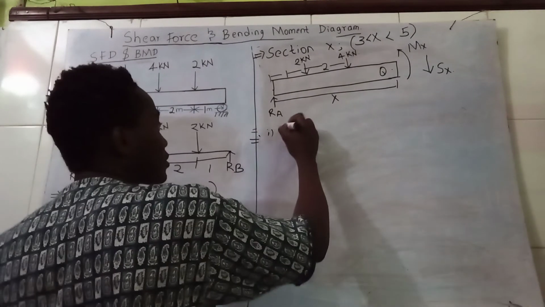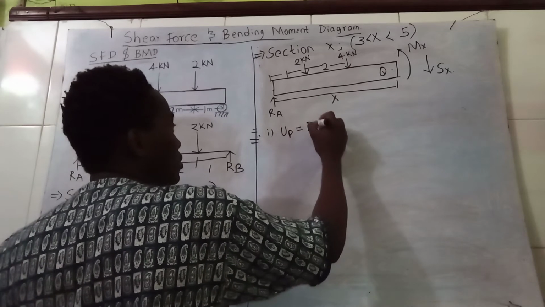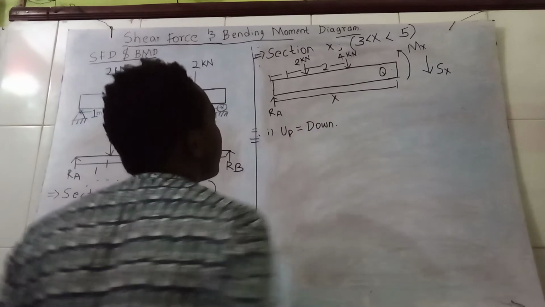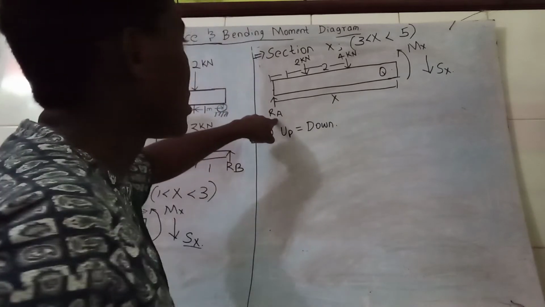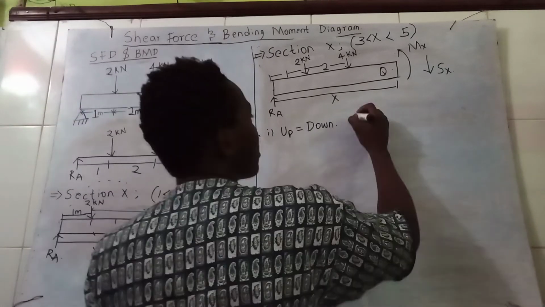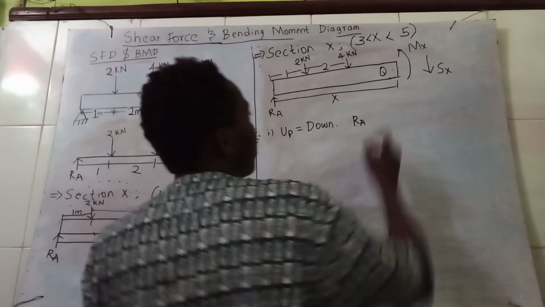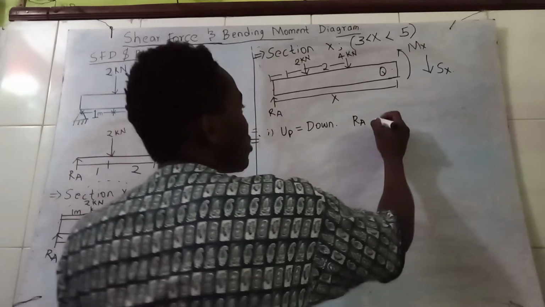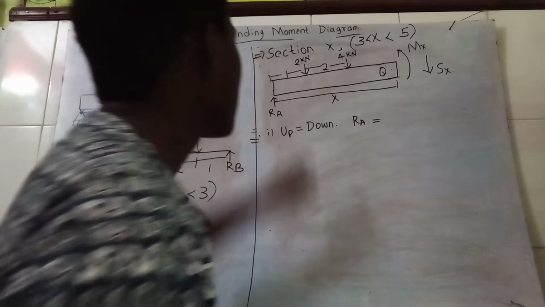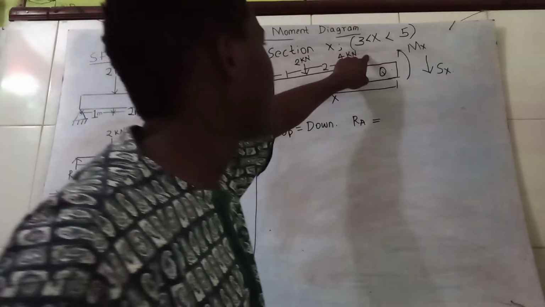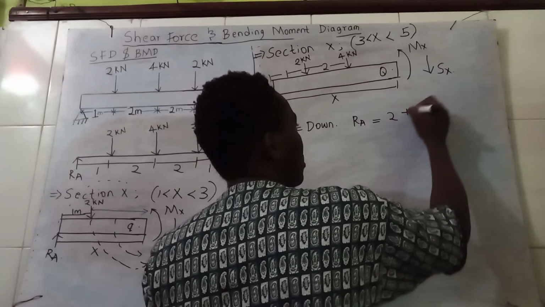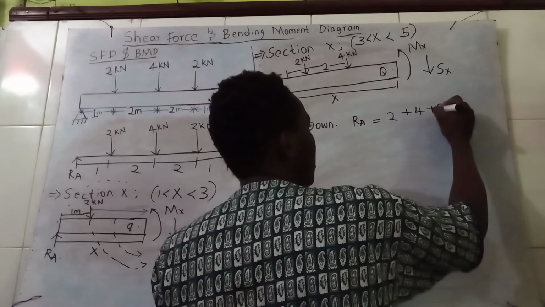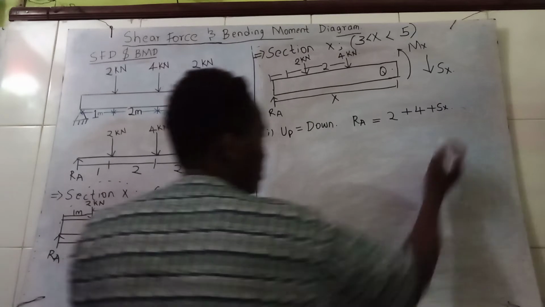So upward force is equal to downward forces. In this case, the upward force is RA. RA is equal to the downward forces, 2 plus 4 plus S of x.